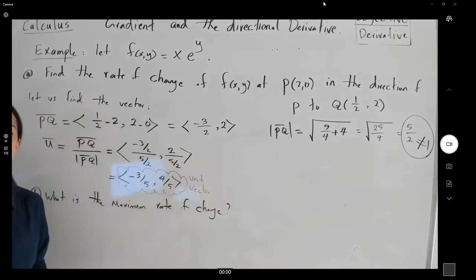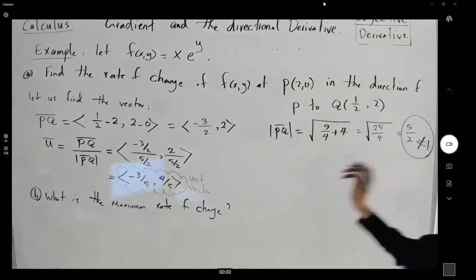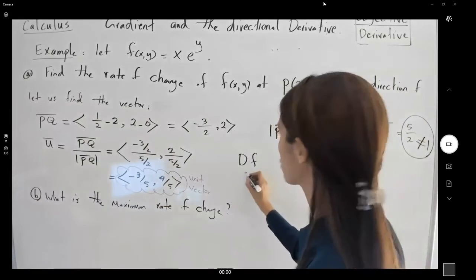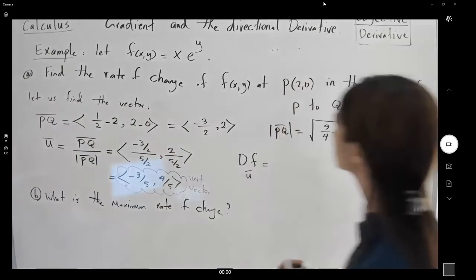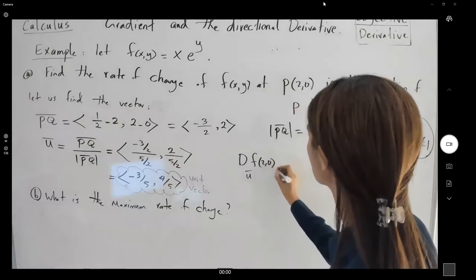Now the rest is easy, finding the directional derivative in the direction of this vector. The directional derivative of function f in the direction of u is equal to, and the point is given as 2 and 0, so let us write 2 and 0 here.